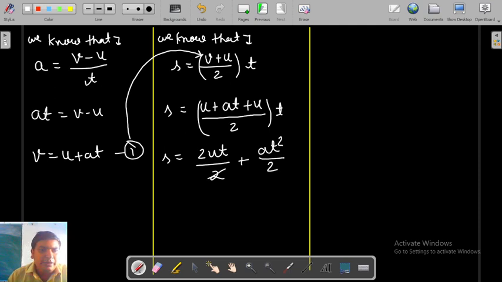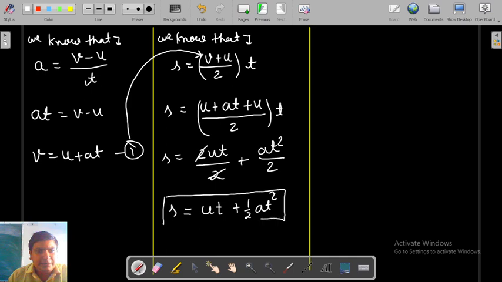So from here 2 and 2 get cancelled. So s equals to ut plus half at square. This is our second equation.